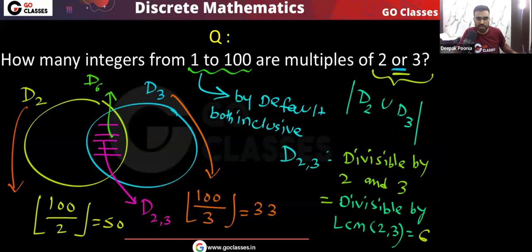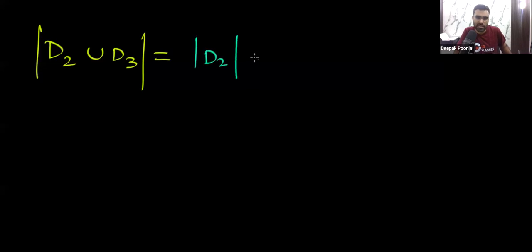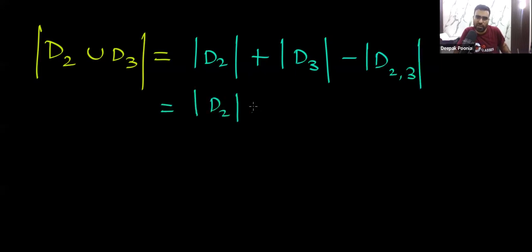Now very easily we can solve this question. We need to find the size of divisible by 2 or divisible by 3. That will be equal to the number of integers divisible by 2, plus the number of integers from 1 to 100 divisible by 3, minus the number divisible by both 2 and 3.